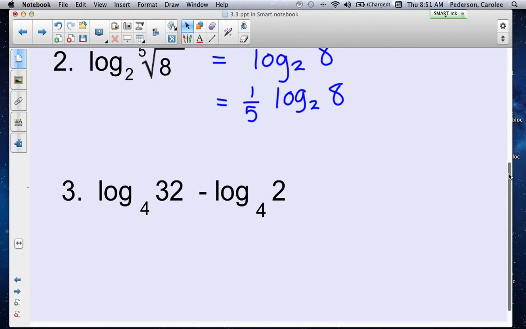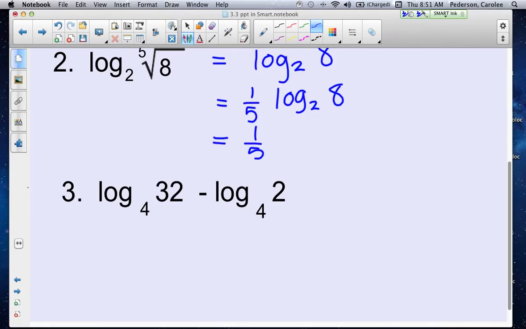Now, let's focus on the log base 2 of 8. What can I do to rewrite there? 2 to the x equals, how can I rewrite that 8? 2 to the third, very good. How can I reduce next? Log base 2 of 2 to the third.